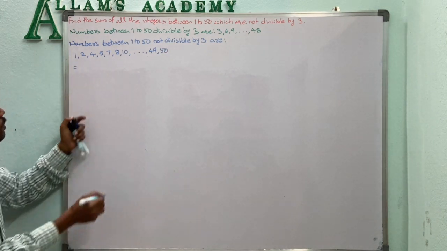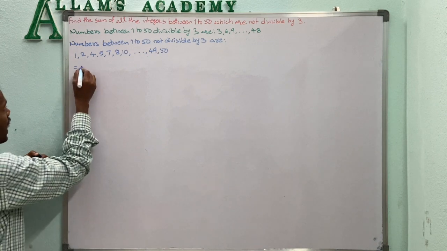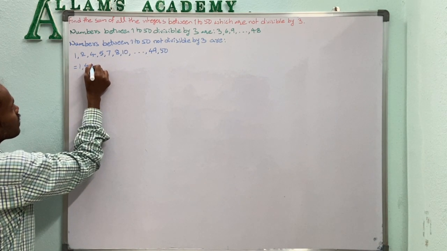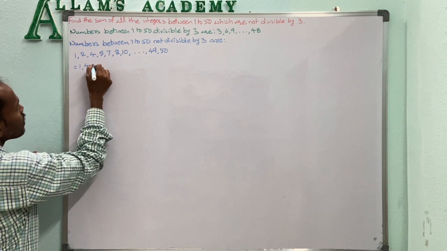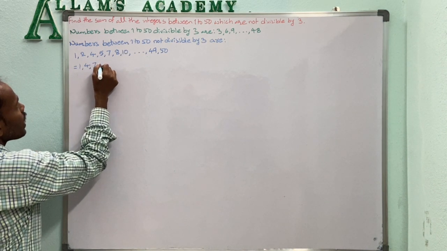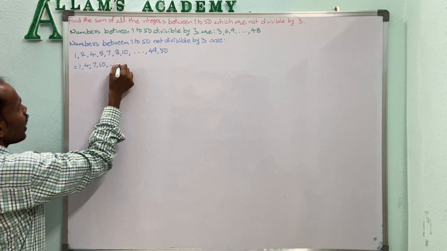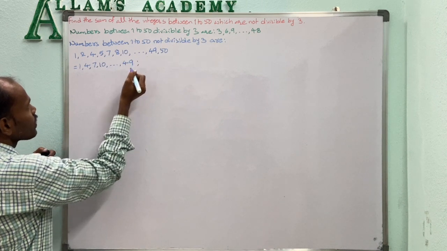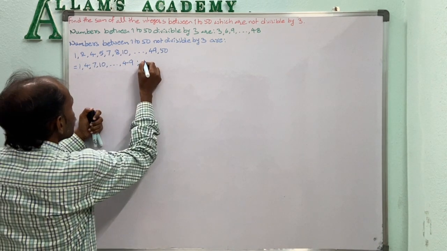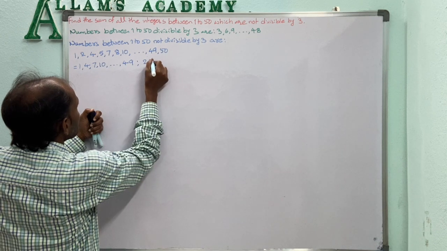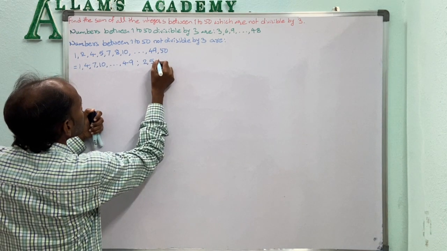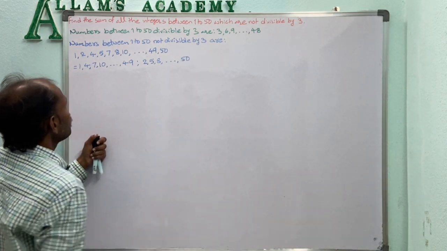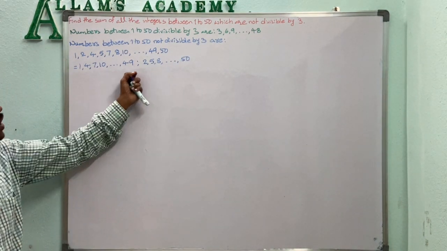Now we split these numbers as 1, 4, next 7, next 10 and so on. The last one is 49. And 2, 5, 8 and so on. The last one is 50. That's the model. Now we split.